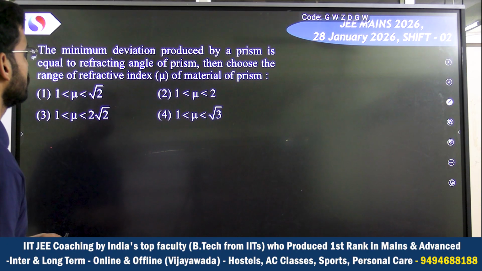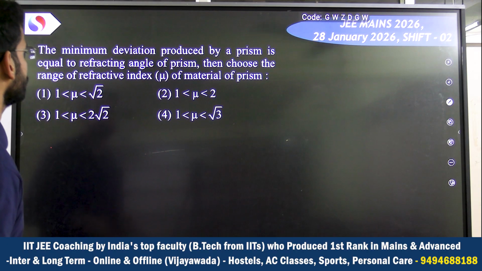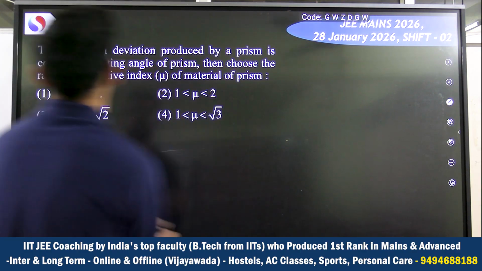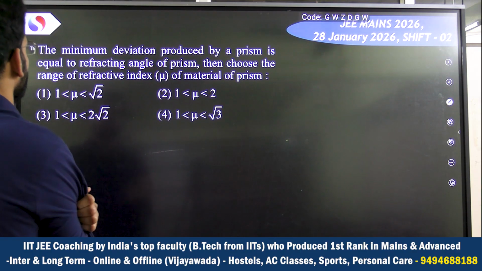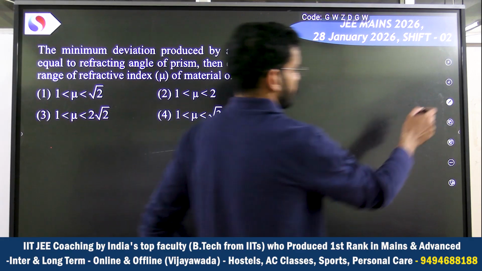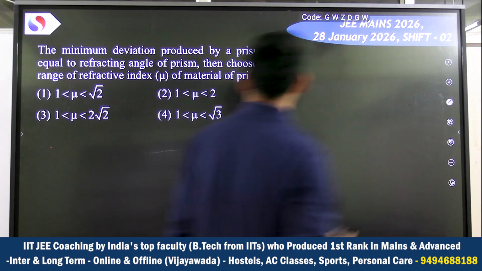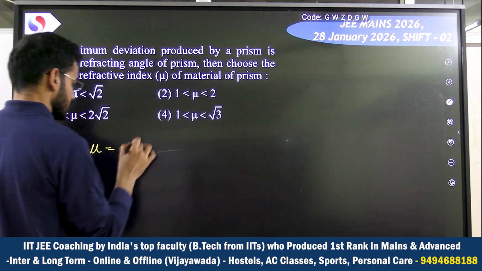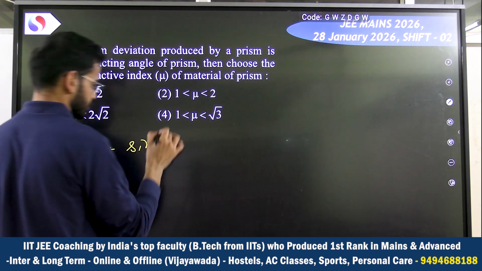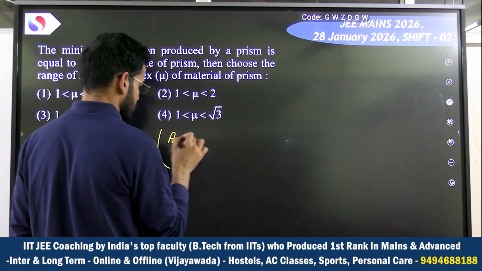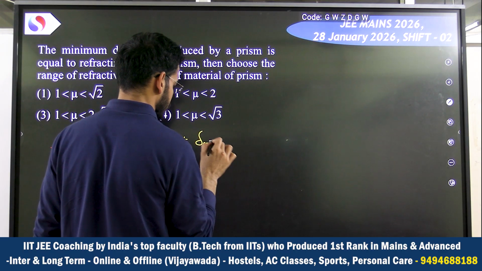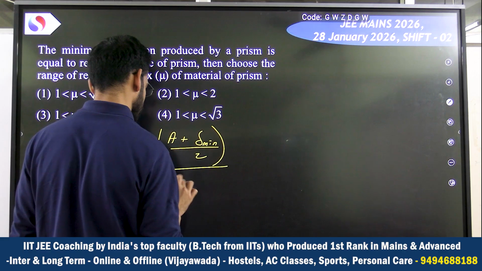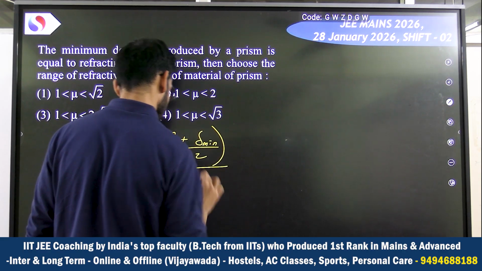Next question: the minimum deviation produced by a prism is equal to the refracting angle of the prism. Then choose the range of refractive index mu of the material of the prism. If you go by the formula, mu is equal to sine of (A plus delta minimum) by 2, divided by sine of A by 2, right?